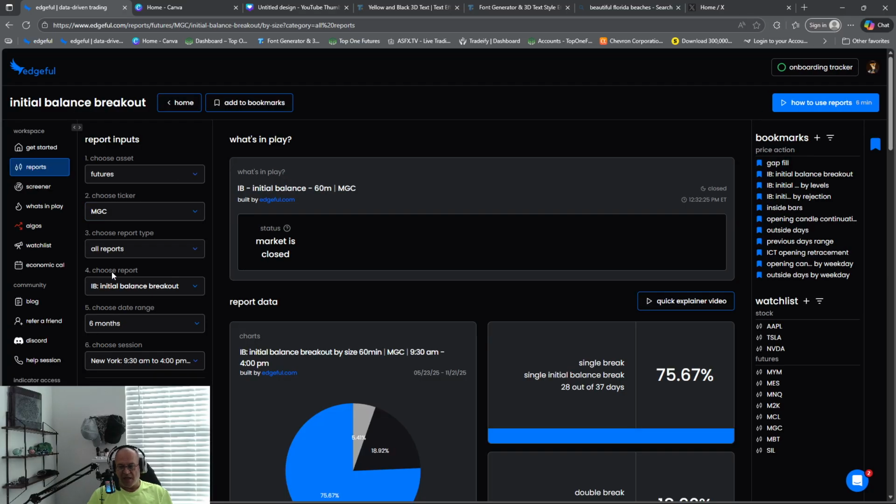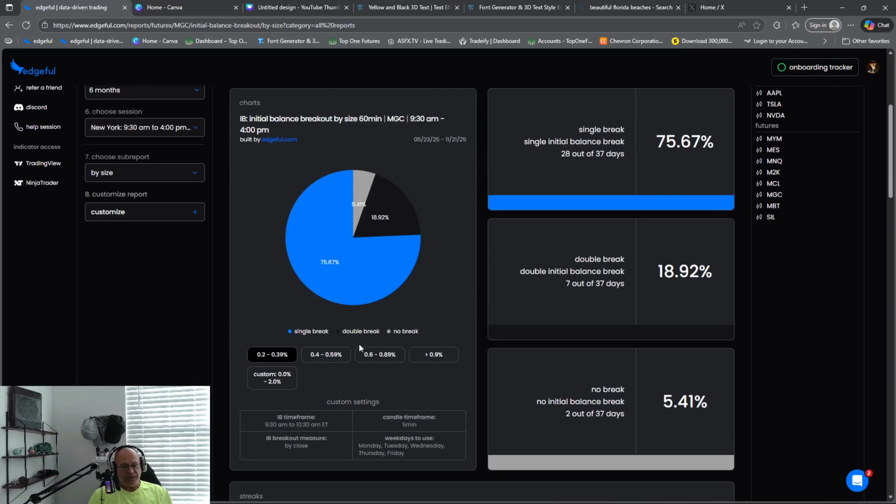So let's go by size. How big of an initial balance are we going to be looking at here to get the same type of data? Well, a small initial balance will actually have almost a 19% chance of a double break. If we go up in size, wow, 0.4 to 0.59%, our numbers go way down for double break days.